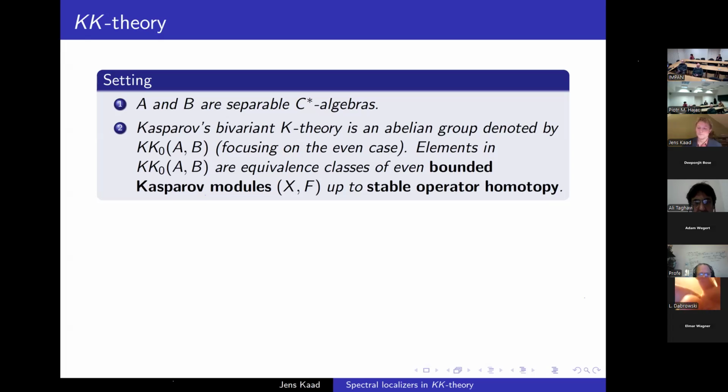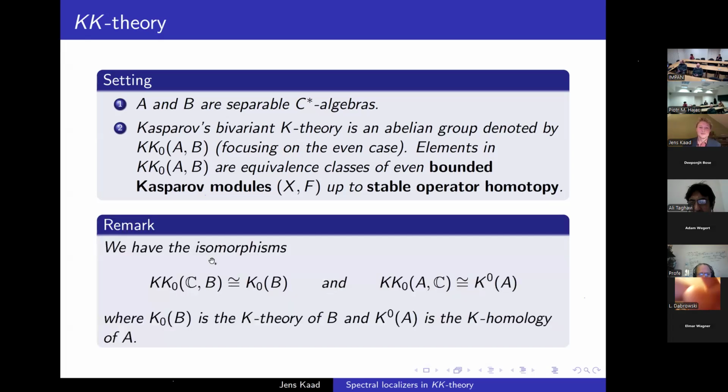Now, what we should know is that if I look at two special cases, the special case where the first entry, capital A, is the complex numbers, then the corresponding KK group is isomorphic to the K theory of the second entry.